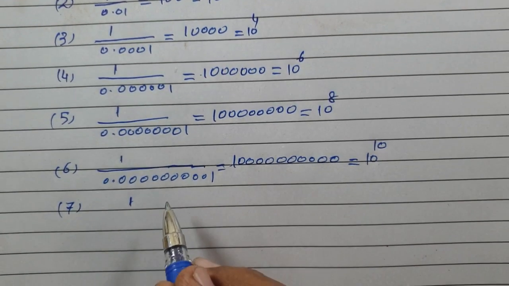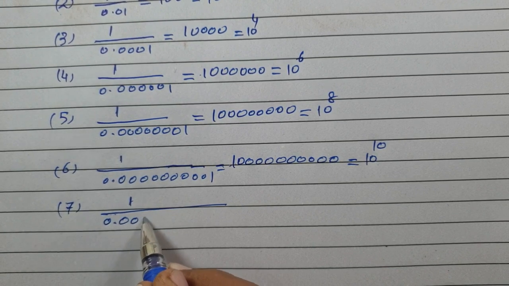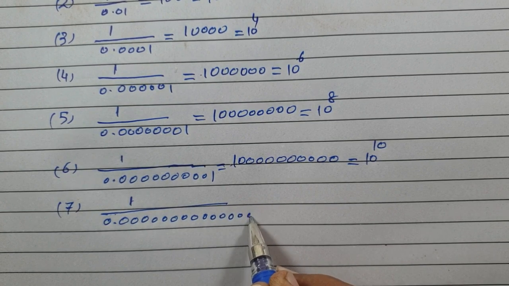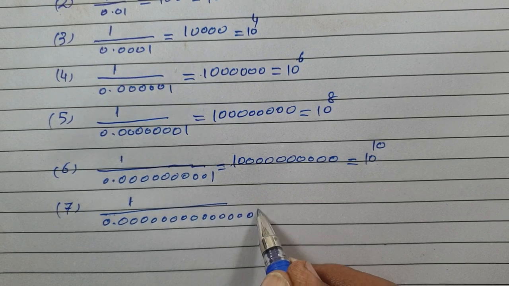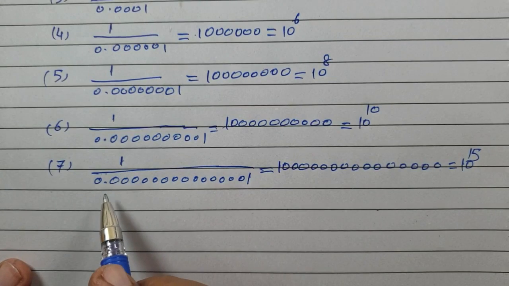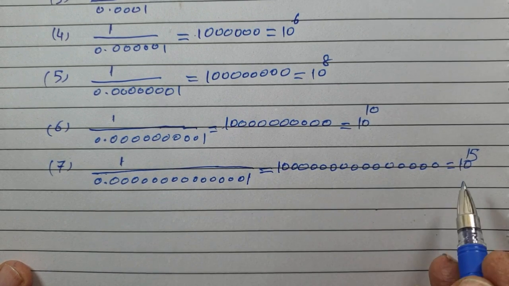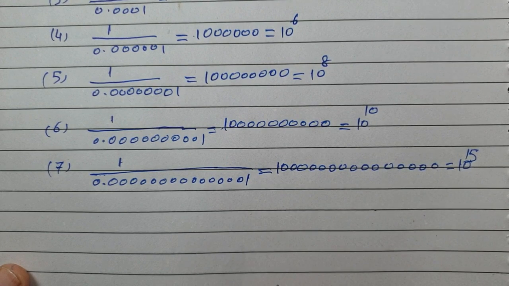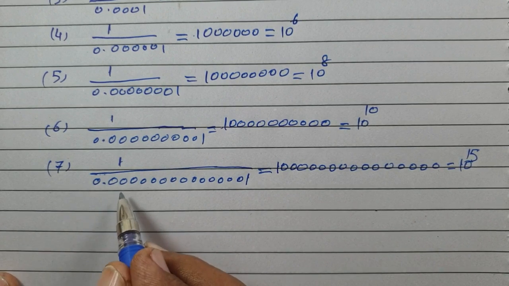In the next step, if 1 is divided by this small number, then we get 10 to power 15. This is a big figure, 1 with 15 zeros. So we decrease it more.